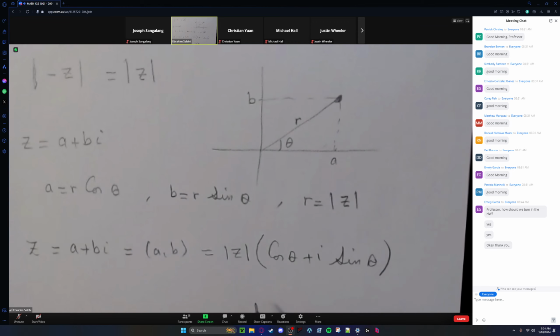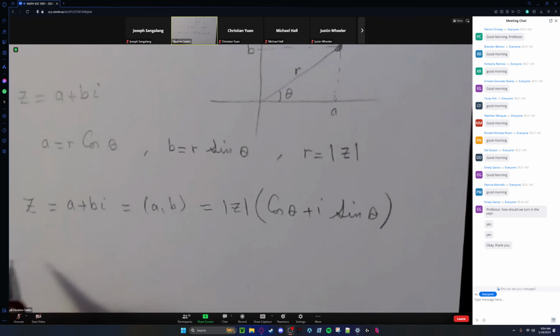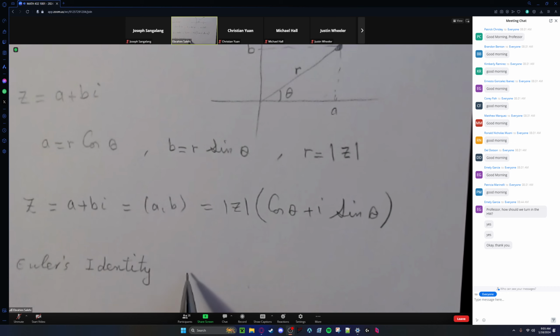And then I talked about Euler's formula. Here is Euler's identity or formula, or whatever you want to call it. This can be easily established.